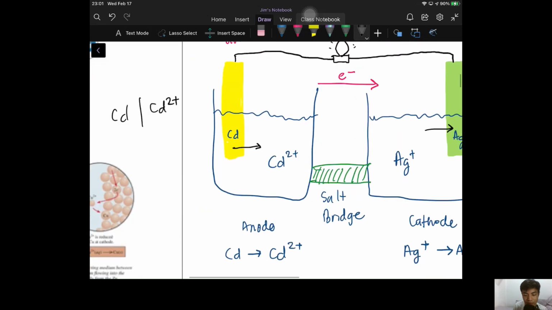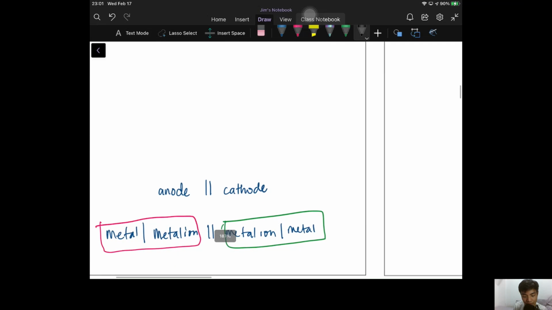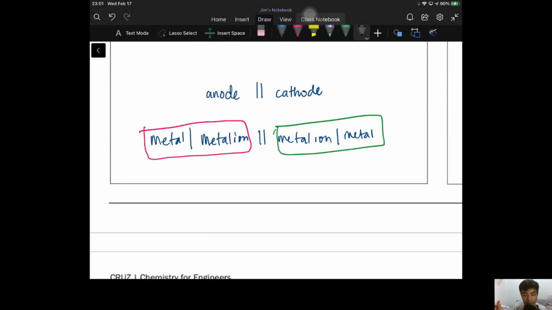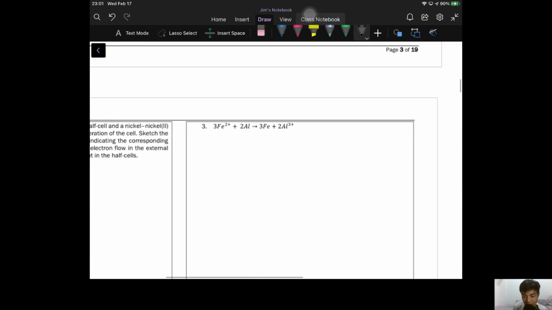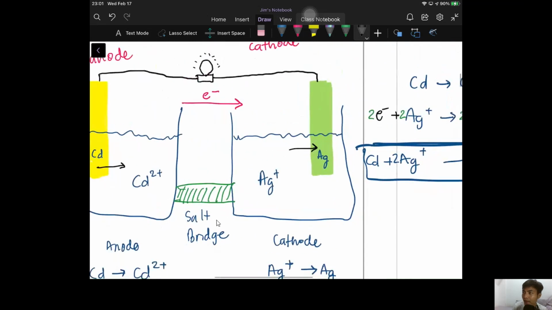Metal, single line, metal ion, anode yan. Okay? So, sa cathode, tignan nyo anong meron. Metal ion, single line, metal. Tignan nyo yung ating previous example dito.